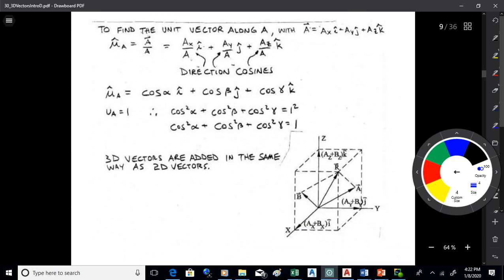But if we take each one of those components and divide it by A, what we've got is a unit vector, see? The vector A divided by A, which would be AX over A i, AY over A j, and AZ over A k, that's the unit vector. That's how you make a unit vector. You divide the total vector by its own magnitude.